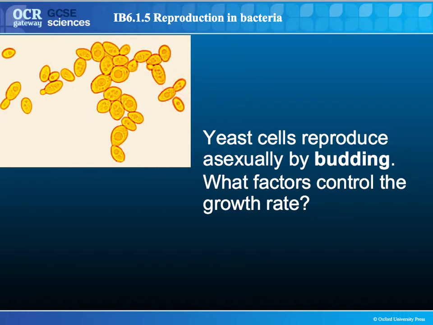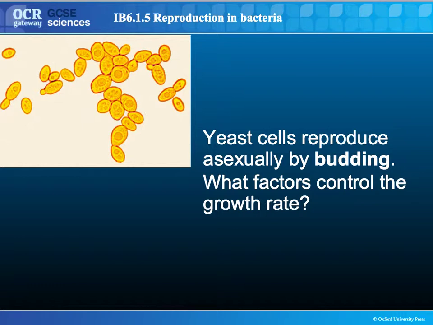In the end, these two cells will become two separate cells that are genetically identical, but they will still be attached like we've got here. Like bacterial binary fission, budding is a very fast, efficient way of replicating, so we can get many cells very quickly.